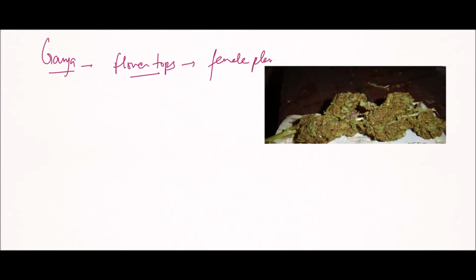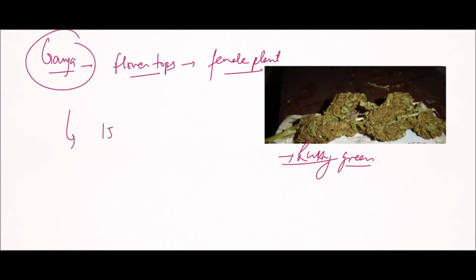It is rusty green in color, and it has a characteristic odor. This preparation, the ganja, contains between 15 to 25% of active principle.